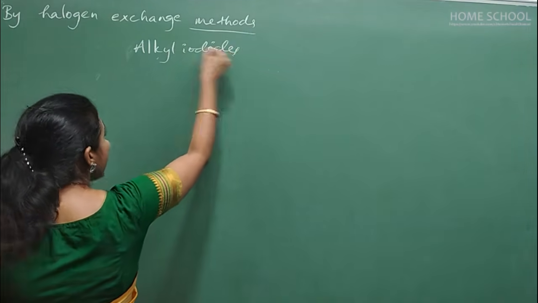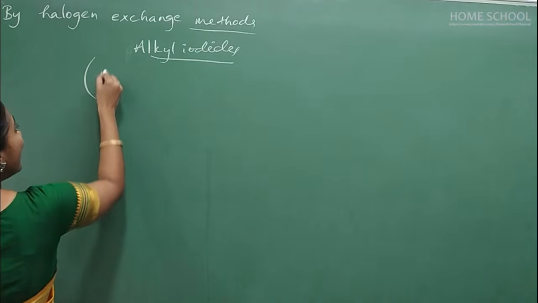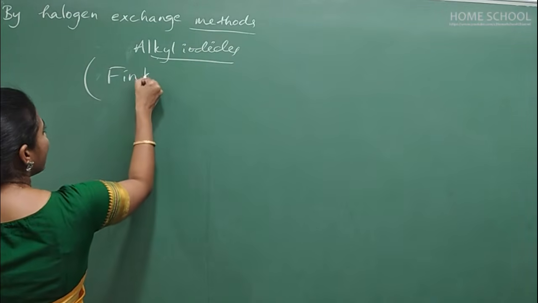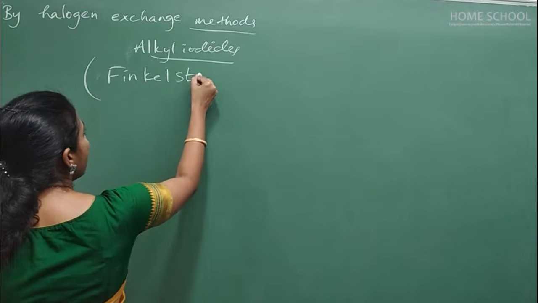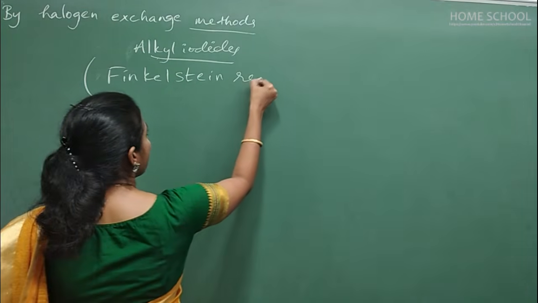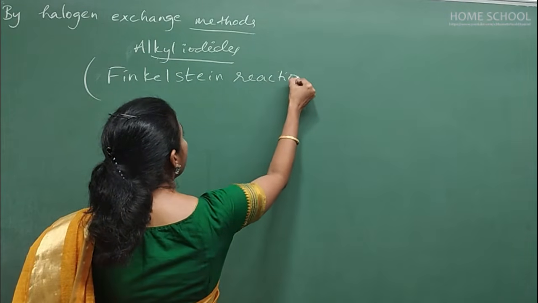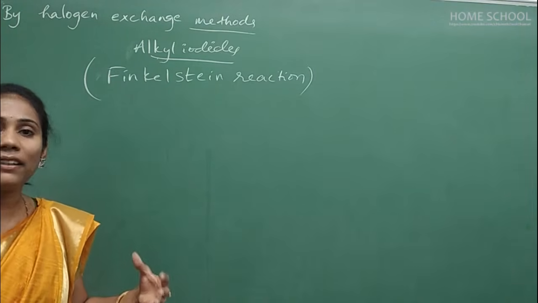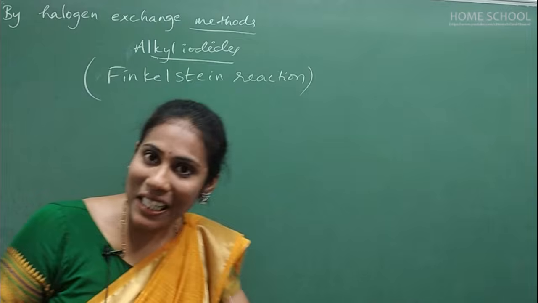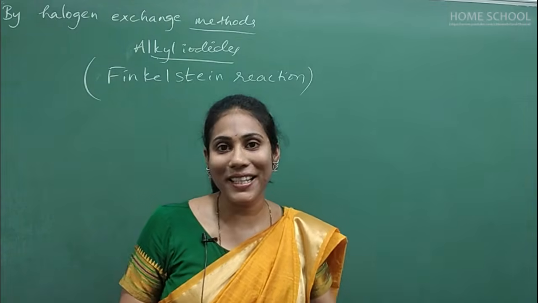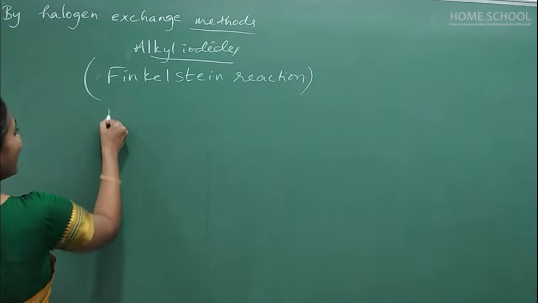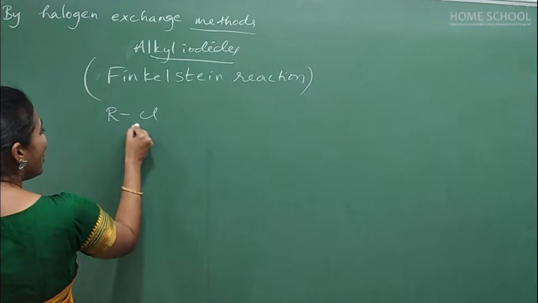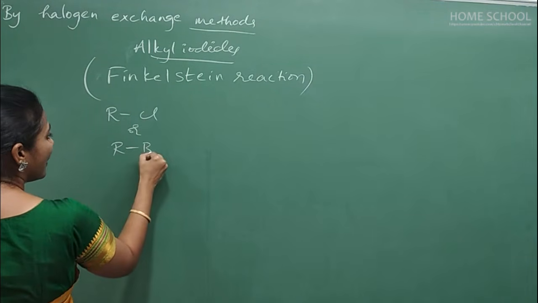To prepare alkyl iodides, we have this exclusive reaction called the Finkelstein reaction. Through this method, you can prepare alkyl iodides. So how do we prepare? We prepare from alkyl chlorides and bromides. Suppose you have RCl or RBr.